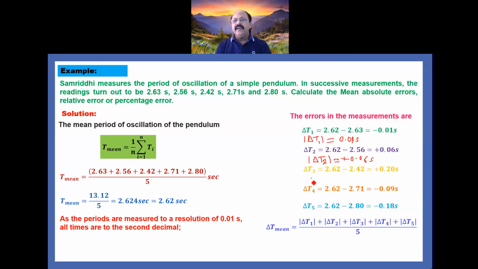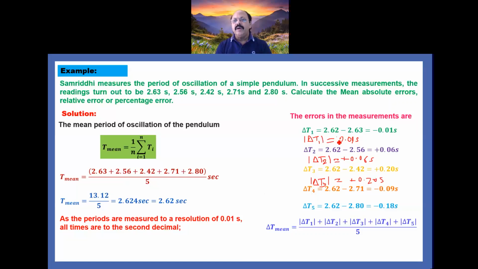Similarly, delta T3 of mod comes to be plus 0.20 second.